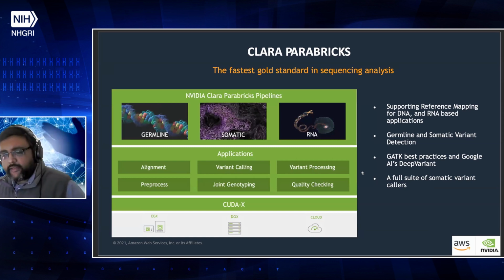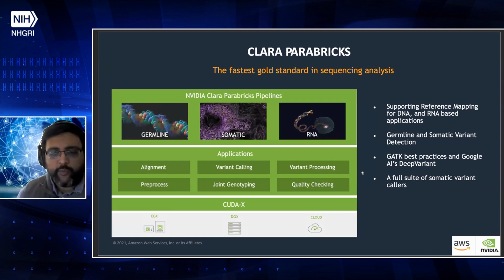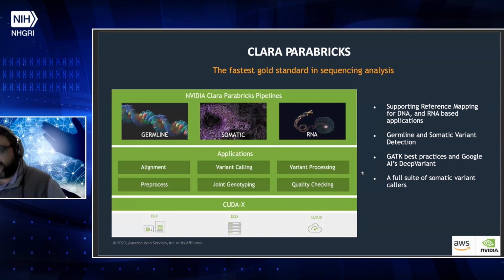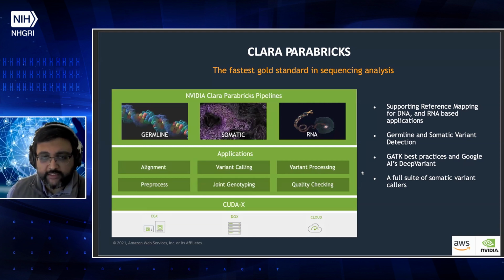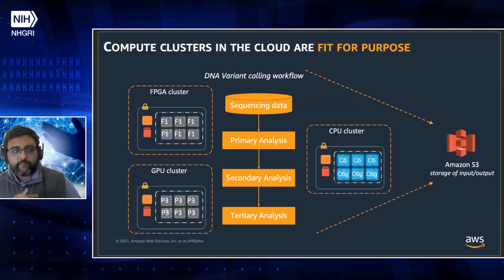And then another example of this is our work with NVIDIA Parabricks, which is a suite of genomics tools that lets you do alignment, variant calling, joint genotyping, all kinds of stuff using the AWS graphic board instances. Once again, setting the standard for being able to reimagine how you do your work in the cloud using the latest and greatest hardware that's available out there.